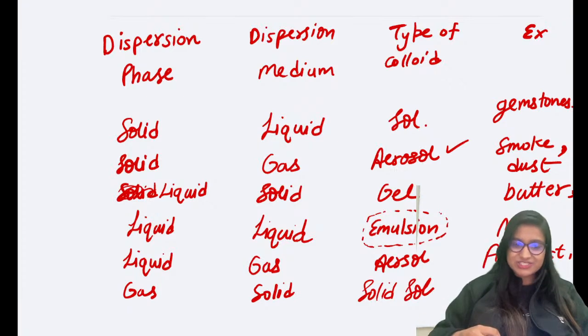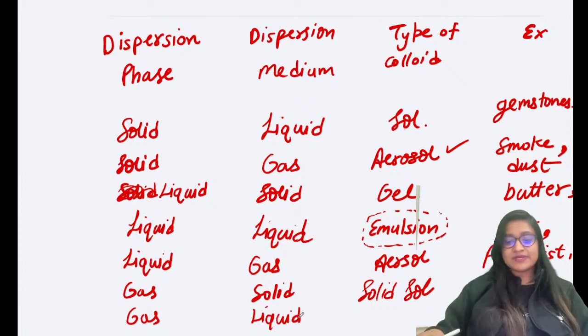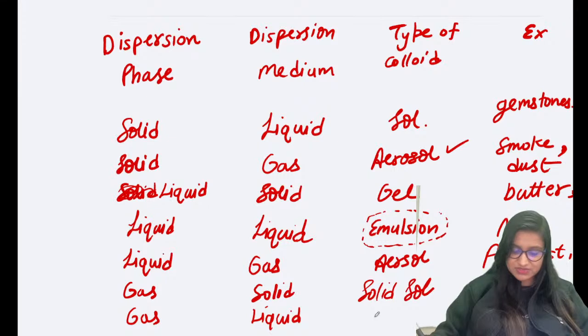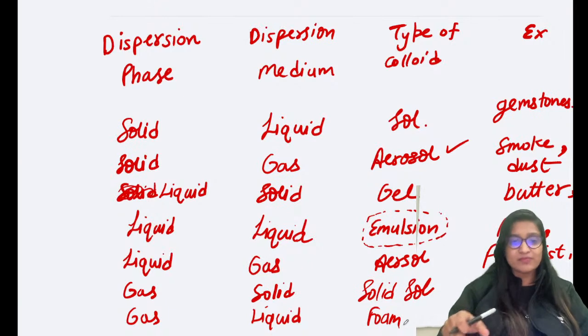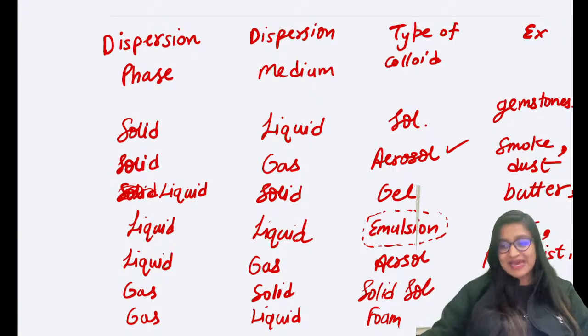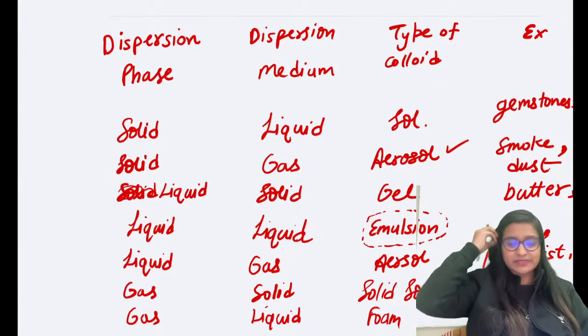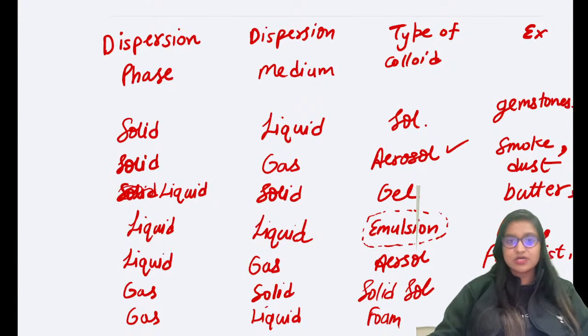Okay. And the next one that we can take is gas in liquid. The type of colloid which is formed is called foam. Like froth, which we call jhag in Hindi, foam, those are gas in liquid, right? Example can be soap lather, or another example is whipped cream, have you seen it?